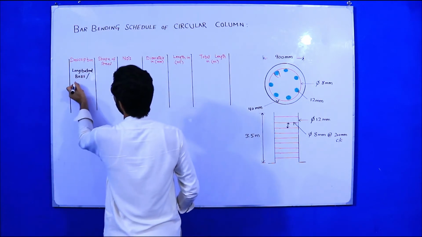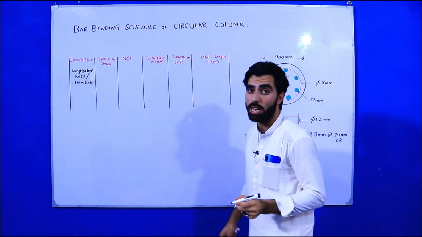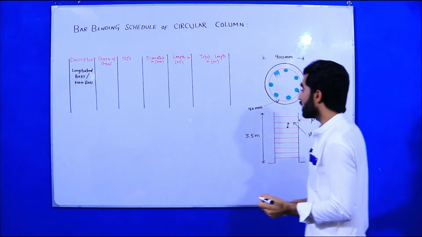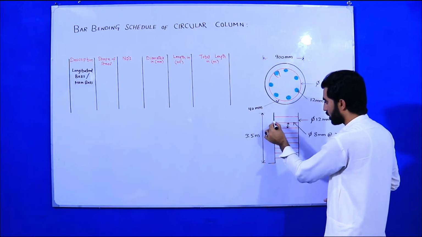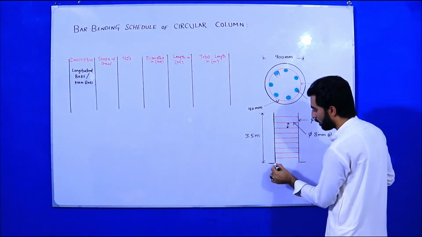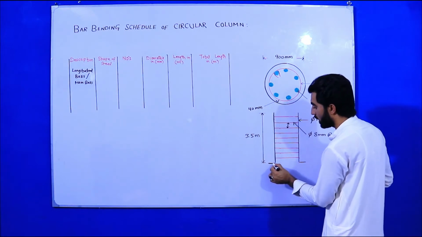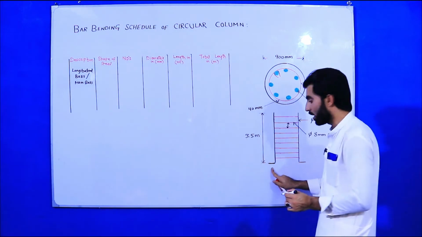Okay, longitudinal bars are main bars, right? So guys, what is the shape? The shape of this is the same as this, as you can see. Here at the bottom, at the foundation, we fix it like a dog leg. Okay, this is called dog leg shape.